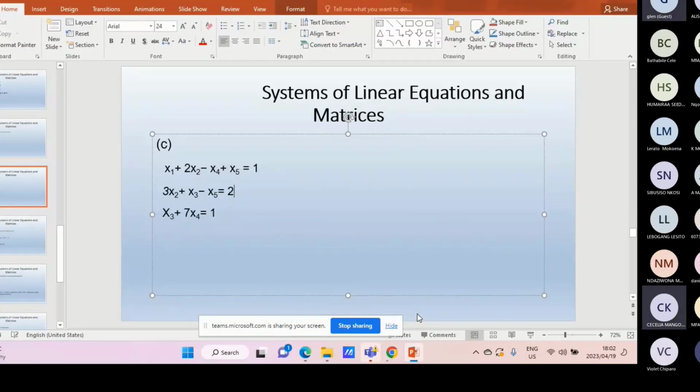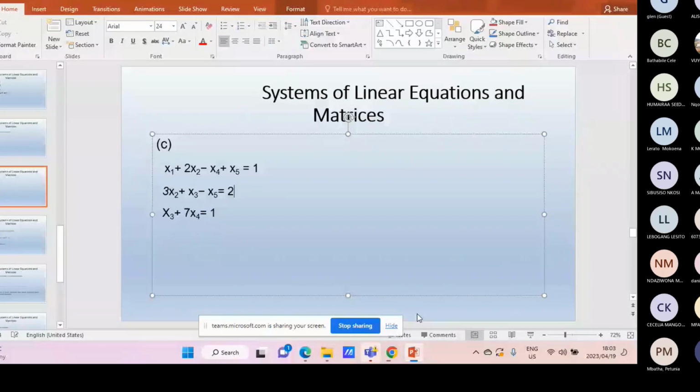I'm saying from this system of equations, the matrix that we get, in the last row we end up having 0 0 1 7 0 1. Do we agree? Yes or no? Okay. If we agree, then what we notice from that last row, which is the third row, is that x3 is equal to minus 7x4 plus 1.